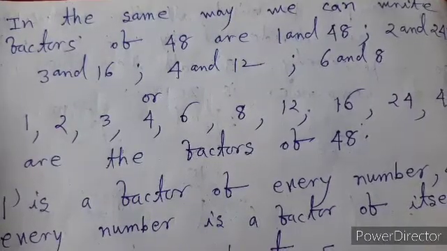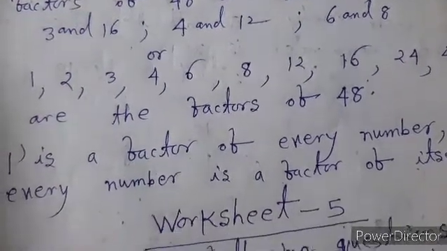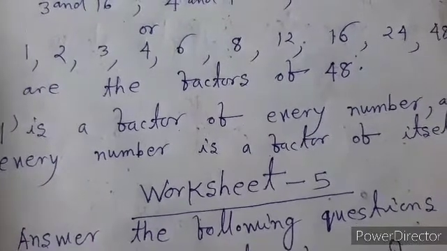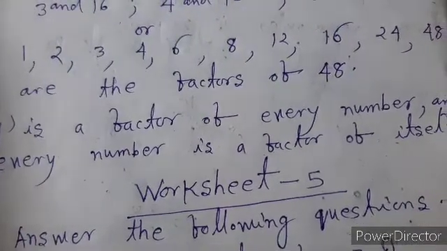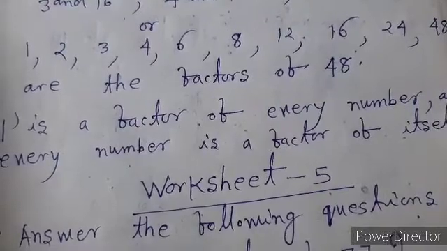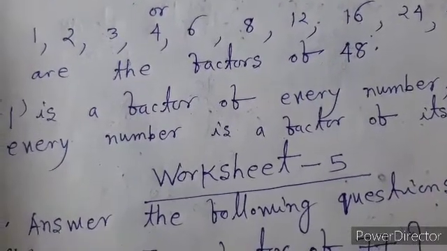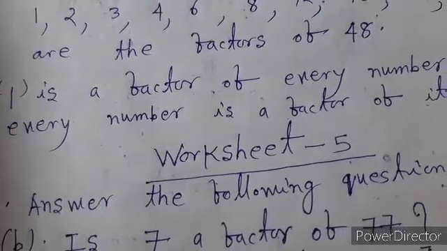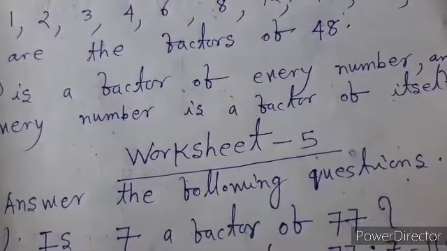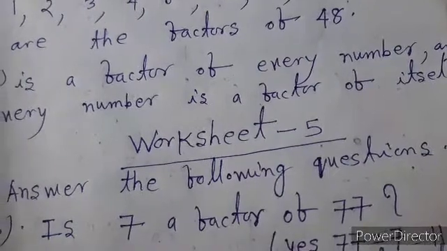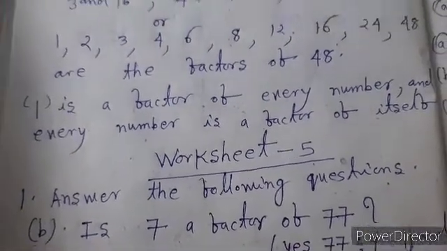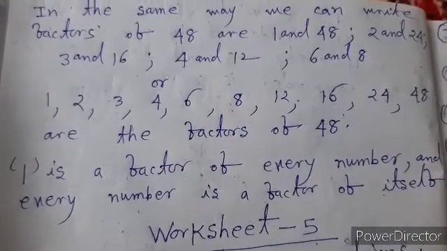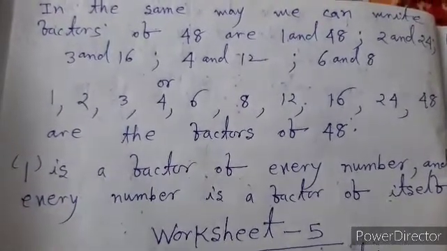In another way, we can also say 1, 2, 3, 4, 6, 8, 12, 16, 24 and 48 are the factors of 48. 1 is a factor of every number and every number is a factor of itself. So we can take 2 factors in all numbers: 1 and that number itself.